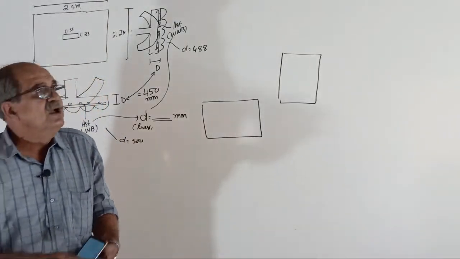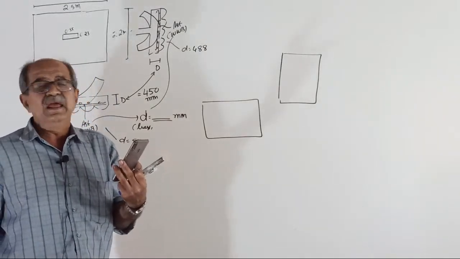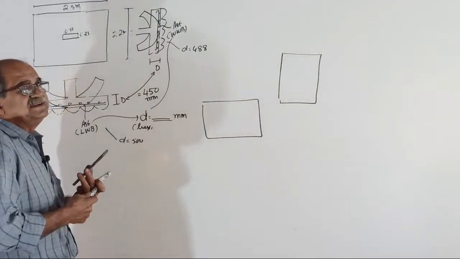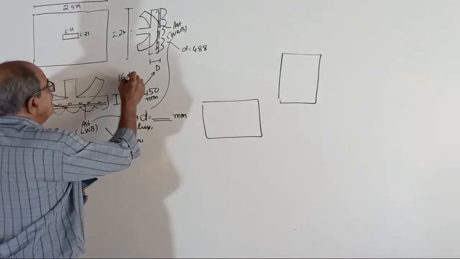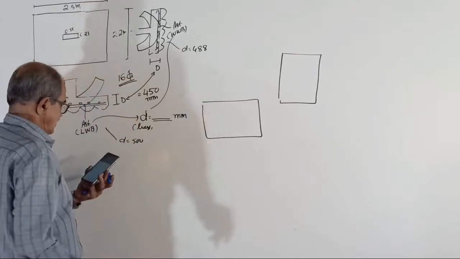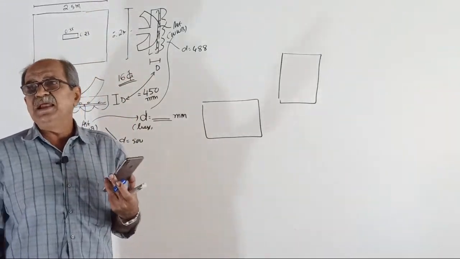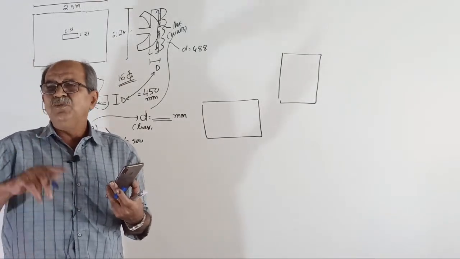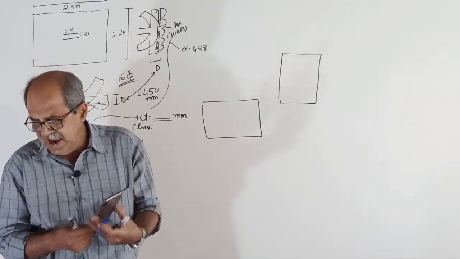So what is the D value? The D value is 450. We have taken 16 torr at present. With 16 torr, you have taken D equal to 450 minus 50 clear cover minus 1 full diameter 16 minus half of 16, that is 8.